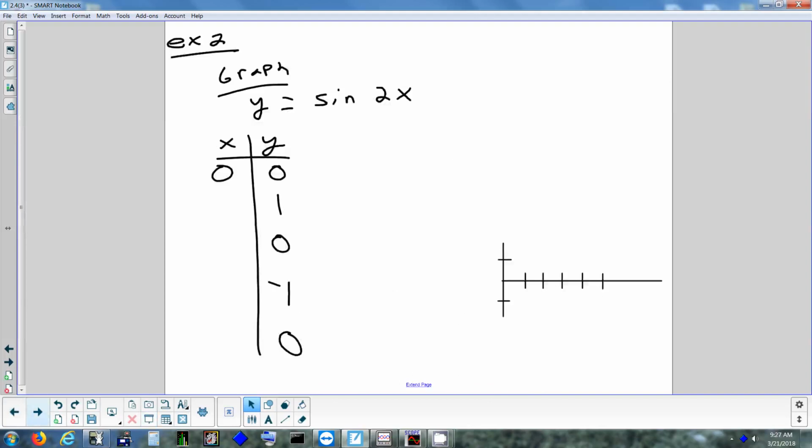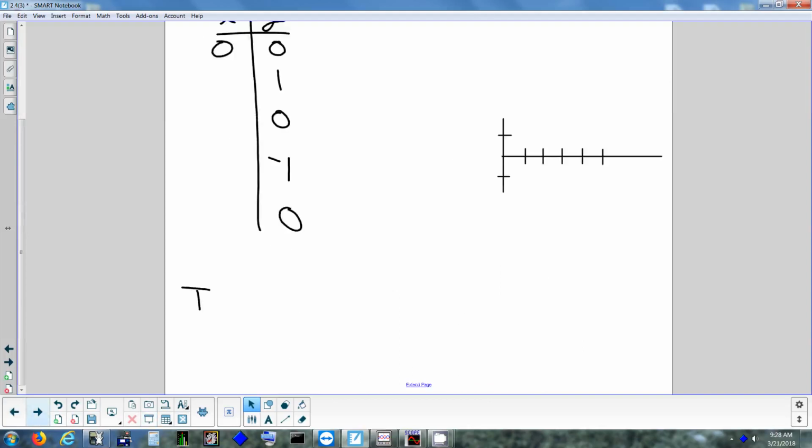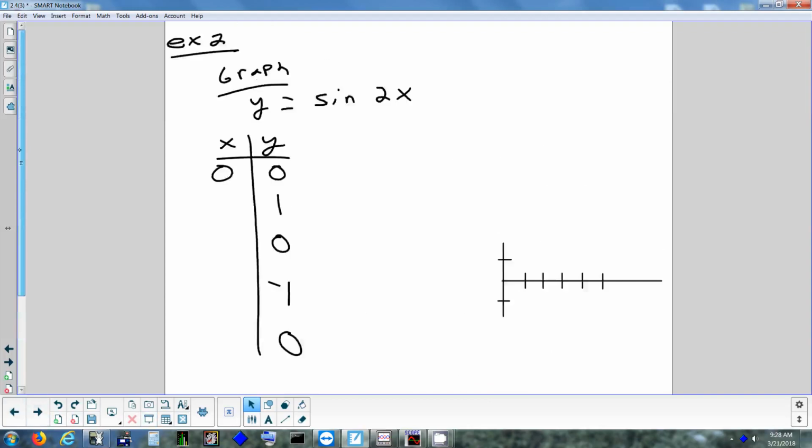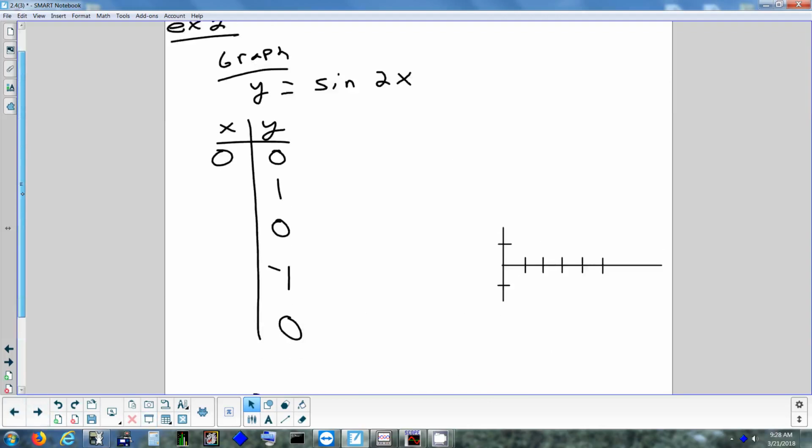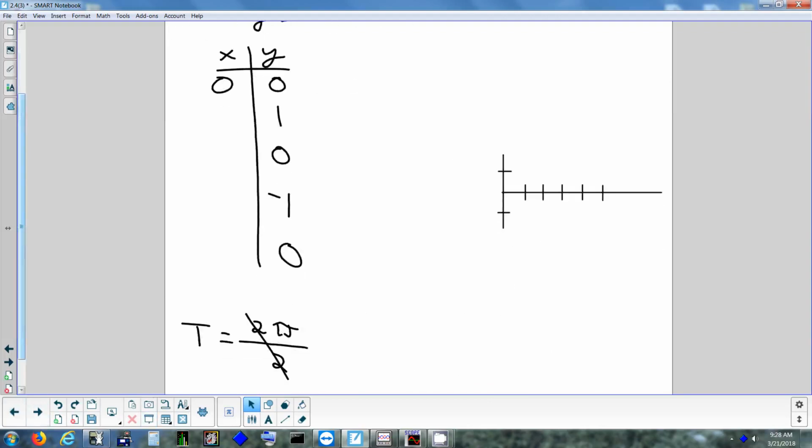Alan, how do I get the endpoint formula for how we do that? It's T equals 2 pi over W. And what is that in this case? 2 pi divided by 2. T just stands for the length of the period. I don't know why they use T, it's what they use.